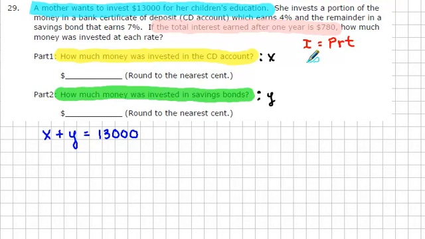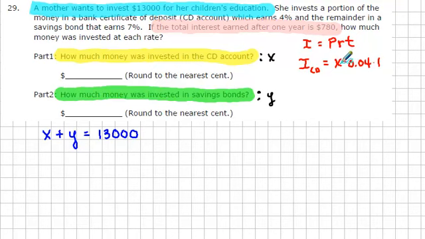So if we want to find the interest earned on the CD, it will be the principal, which is X, times the interest rate, 4%, expressed as a decimal, so that will be 0.04, and then times the amount of time, and the total interest after 1 year is $780, so the time is 1 year.